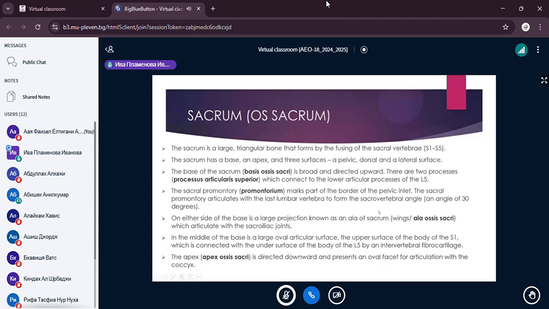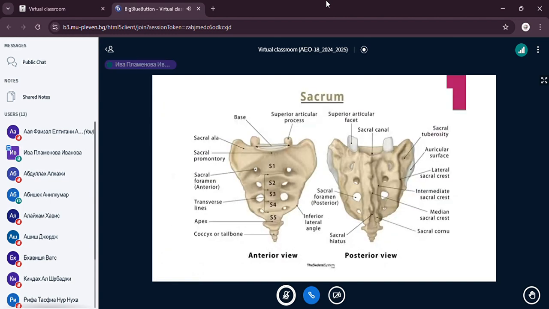So I want to tell you the main things now. For example, I told you that's the body with the base, basis ossis sacri, the apex here. Here should be L5. So that's the articular surface for L5.